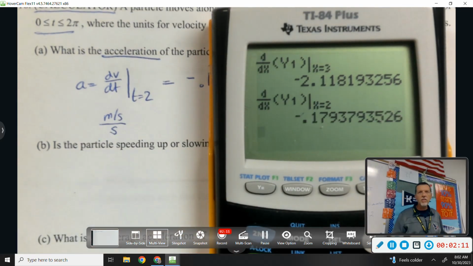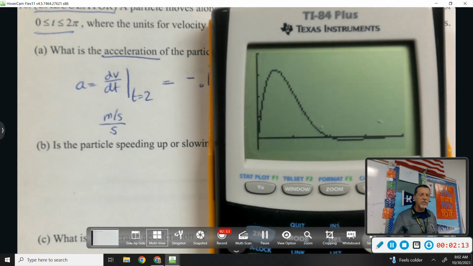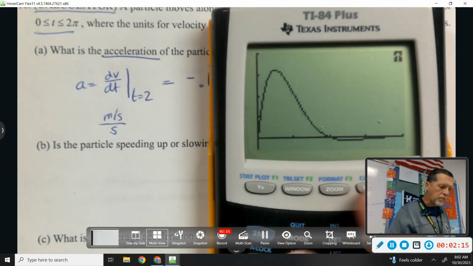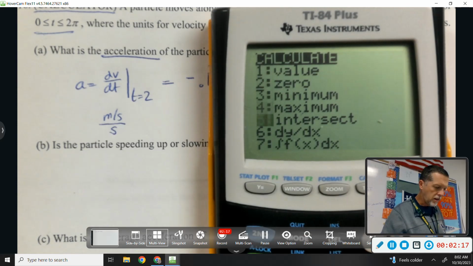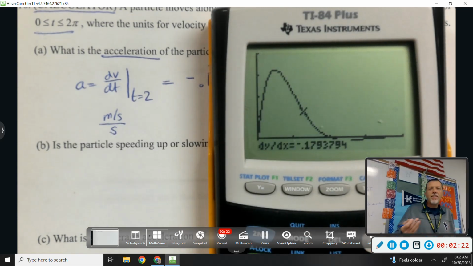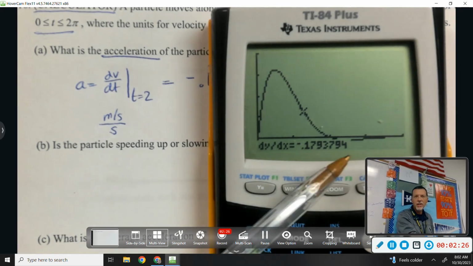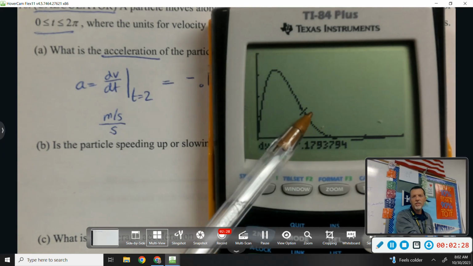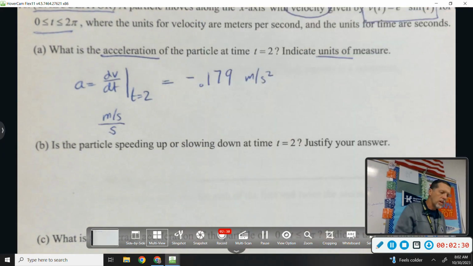You get the same answer. I prefer to see it on the graph because I can tell by looking at the graph that the slope is negative, so I feel a little bit better about my answer. Not that I'm doubting the calculator, it's just I get a better feel for it.